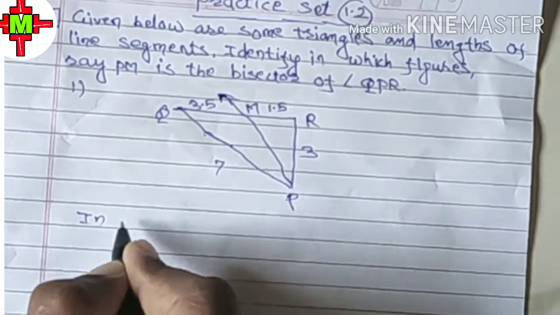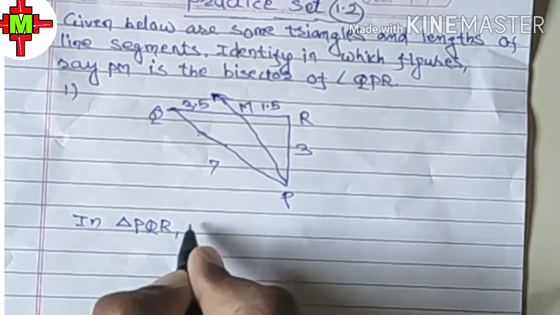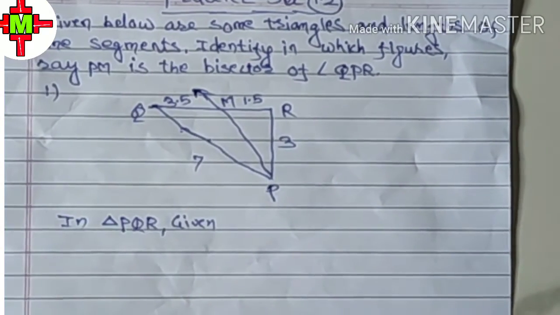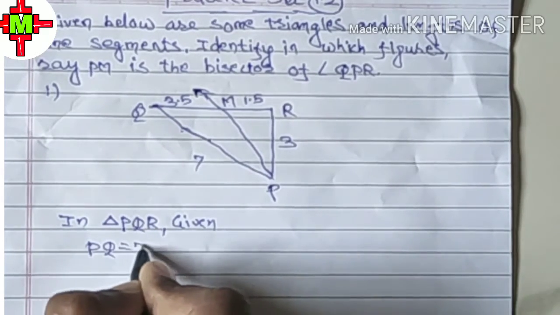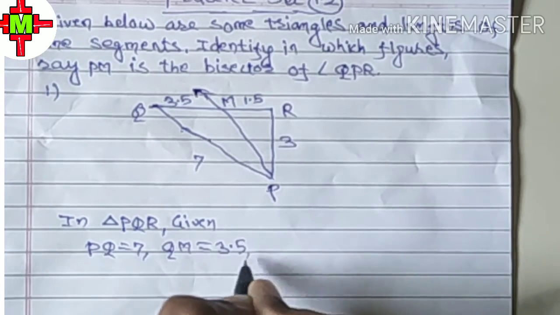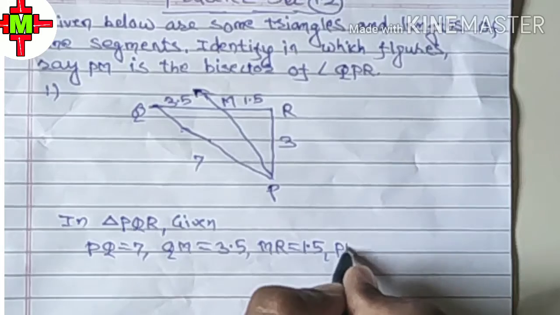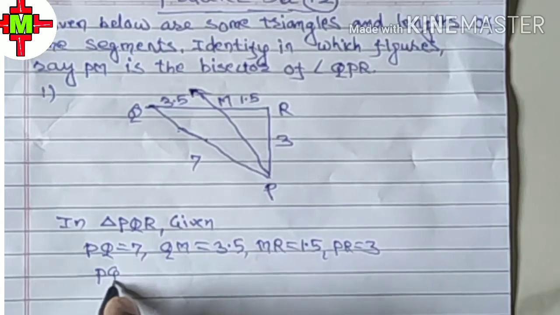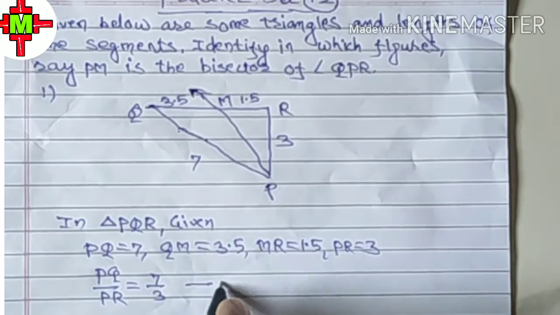In triangle PQR, given PQ is equal to 7, QM is equal to 3.5, MR is equal to 1.5, PR is equal to 3. Now PQ divided by PR is equal to 7 divided by 3. Give this equation number 1.